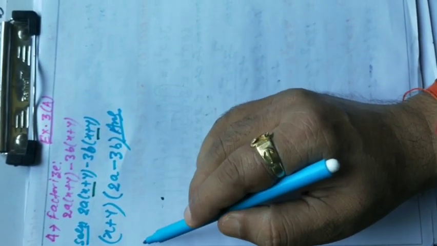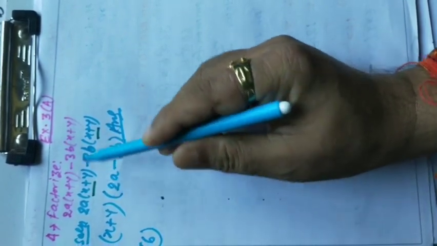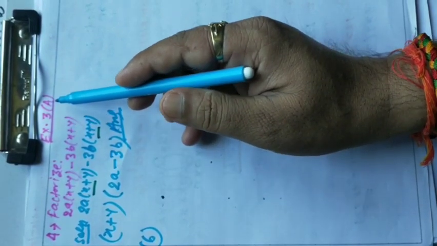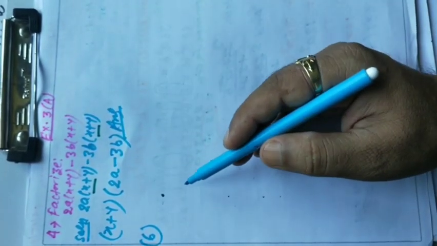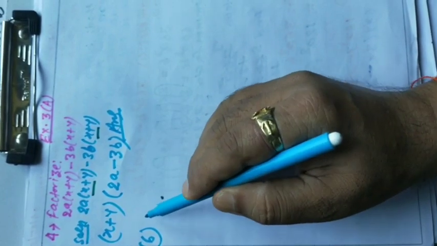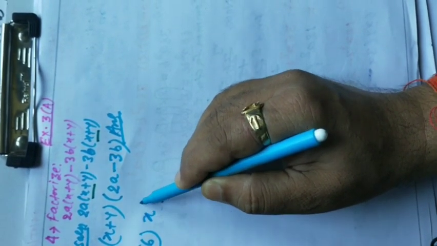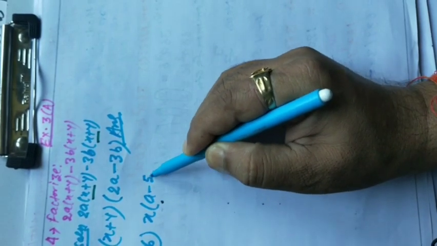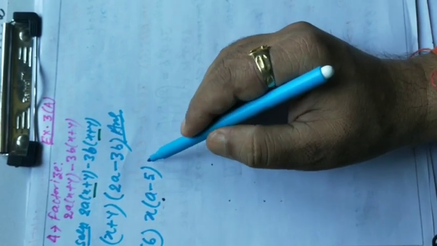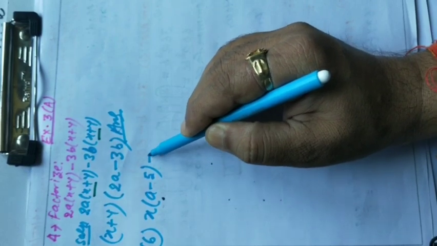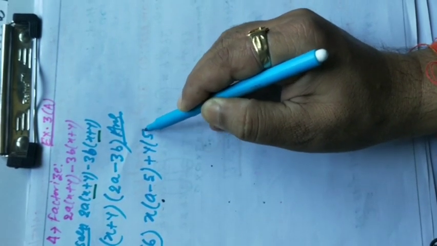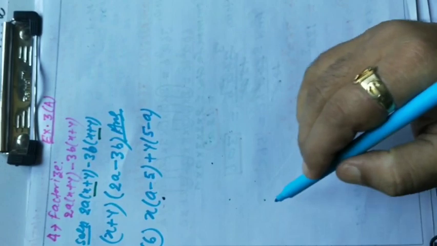Let us see question number 6. We are solving exercise 3a. Questions of exercise 3a. Now let us see question number 6. It is given that you have to factorize x times (a minus 5) plus y times (5 minus a).